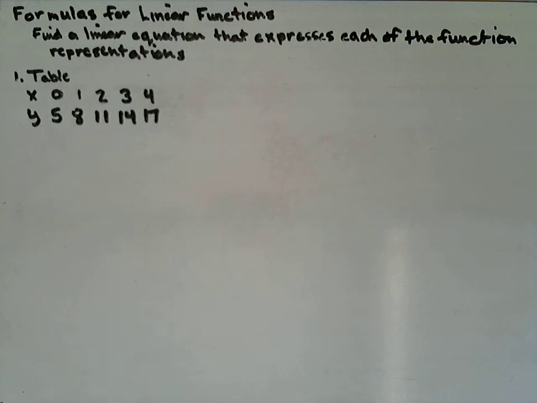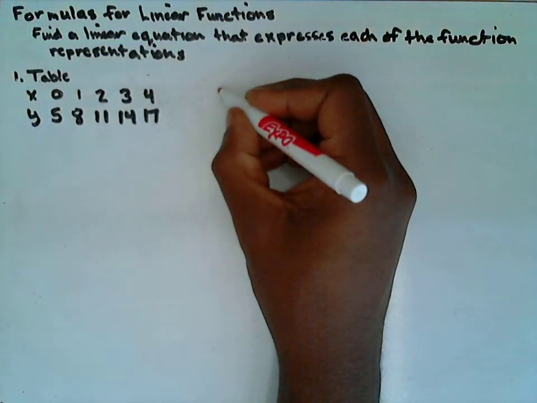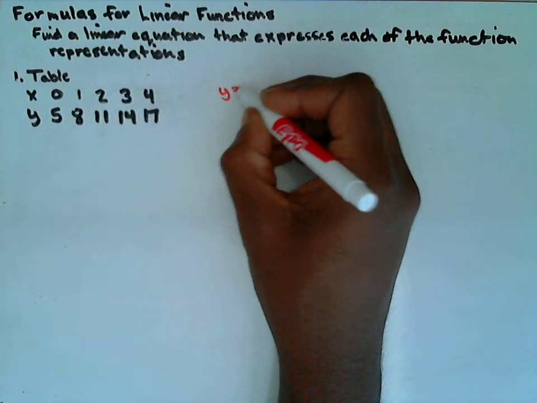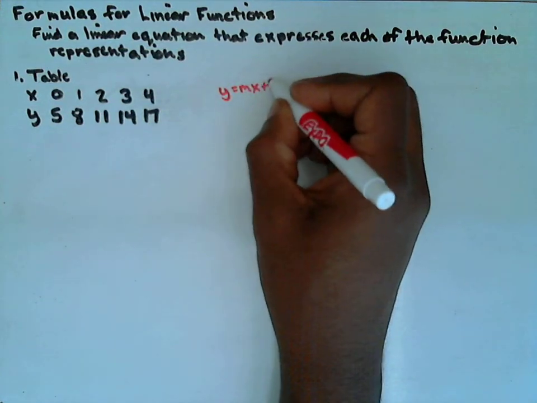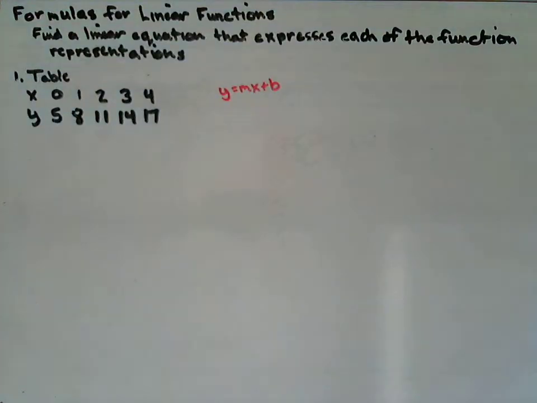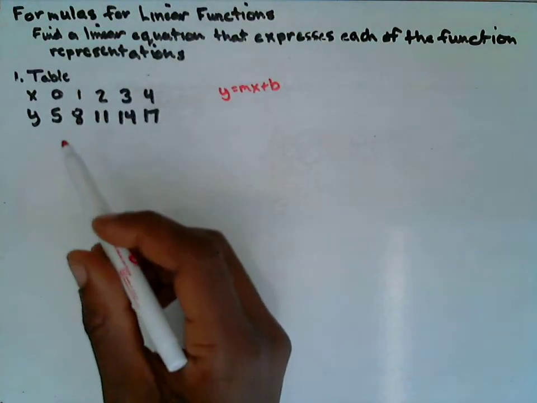Now to do this, we can start out with what a line would be, which would be y equals mx plus b. And we can figure out our m and our b based on the equation. Now m is our slope, so that's basically our change in y over our change in x. To find that, we can take 2 points.